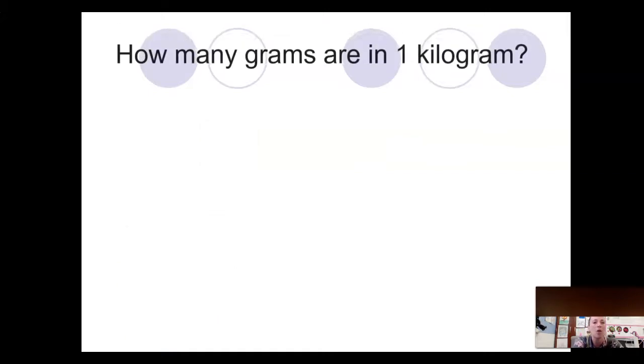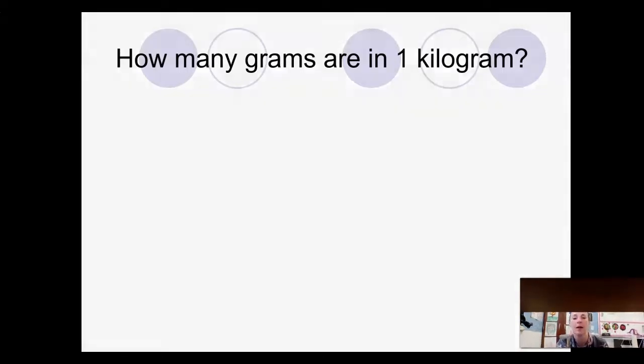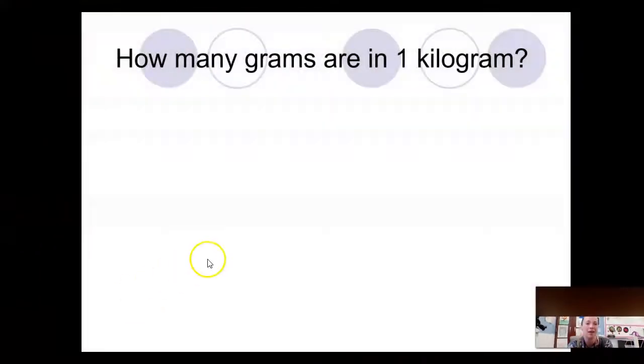All right, so how many grams are in 1 kilogram? If I ask you, how many paper clips would it take, what would you say? If I said, how many of these paper clips does it take to make one of these books the same weight, what would you say? Shout out a guess. Well, let's see.